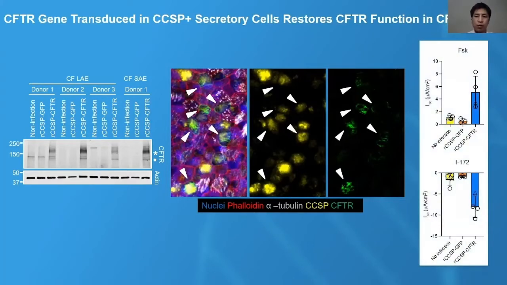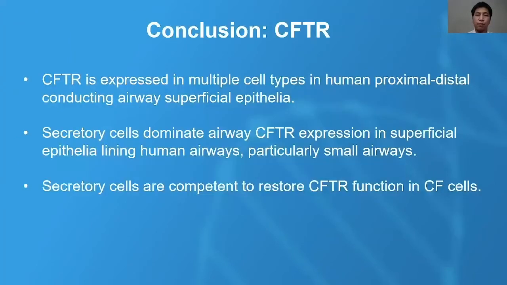And most importantly, CFTR function was actually restored in rat CCSP CFTR transduced cells, but this restoration was not observed in controls. These data suggest that secretory cells are competent to restore CFTR function in CF cells, supporting our hypothesis that the secretory cells can be the major cell type normally expressing CFTR.